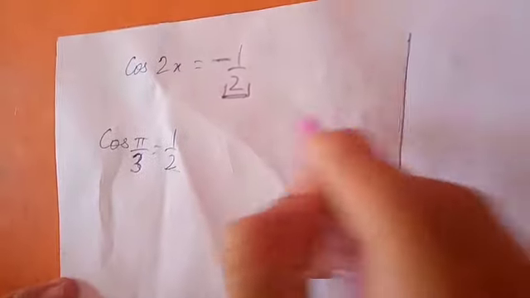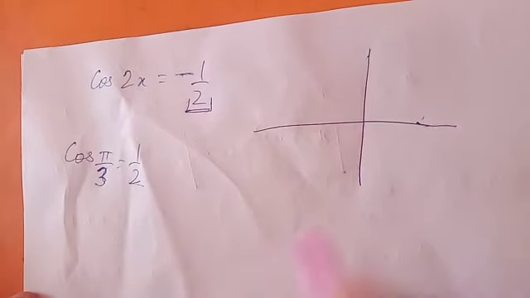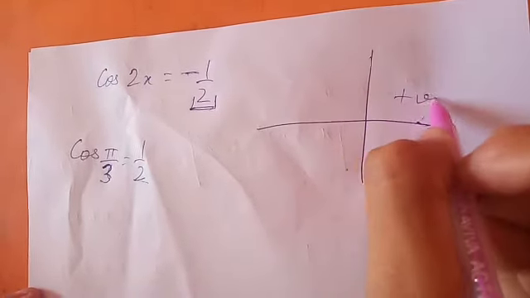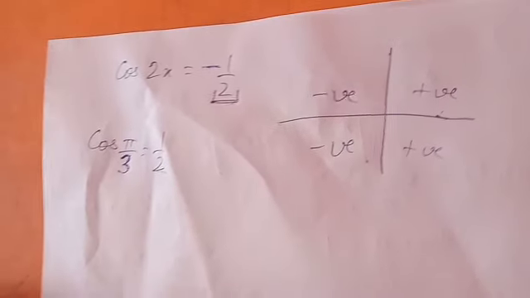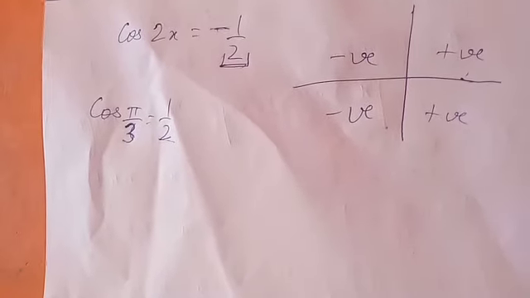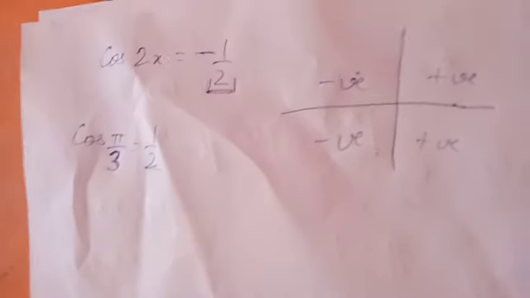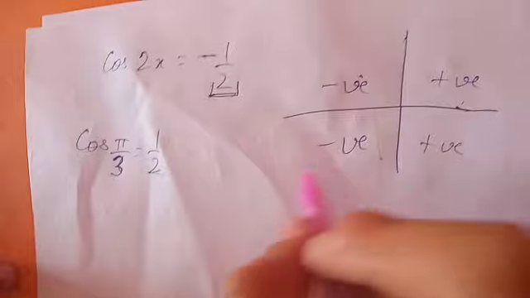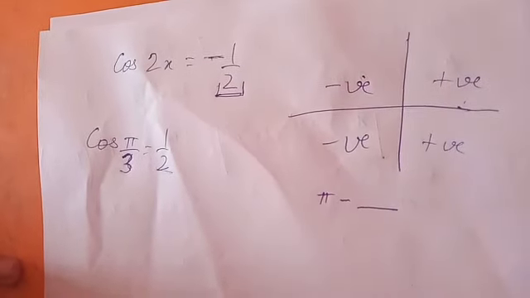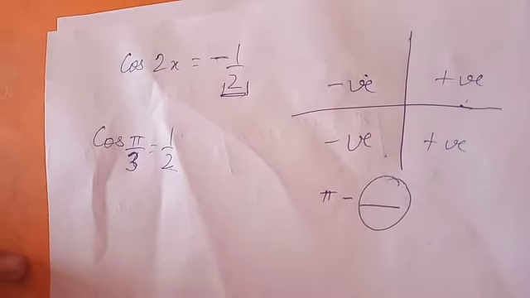So where is our cos negative? It is positive in the first and fourth quadrants, and negative in the second and third quadrants. If we want to show our angle in the second quadrant, and the phase must not change, we have to write pi minus something. So I can write cos 2x equal to cos of (pi minus pi by 3).